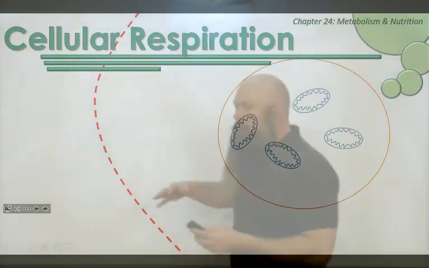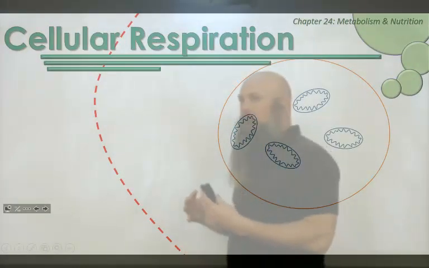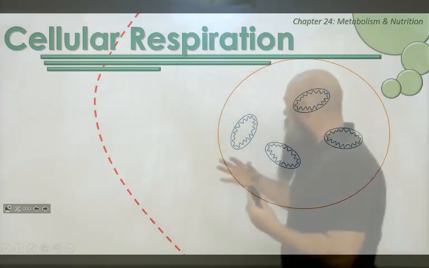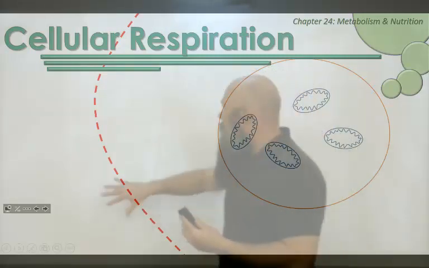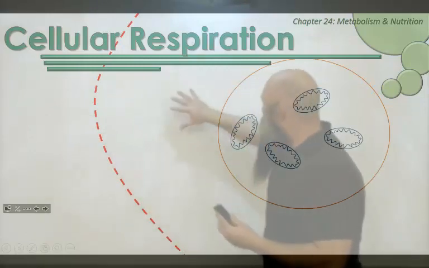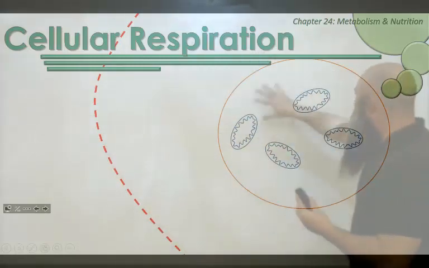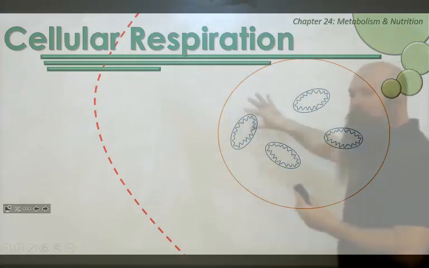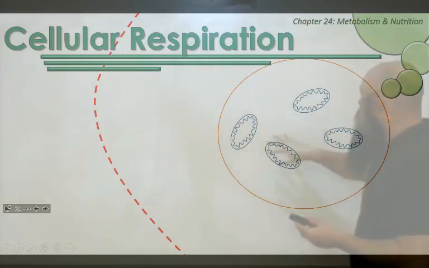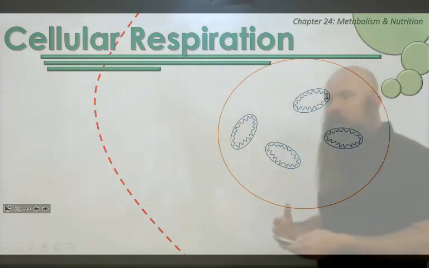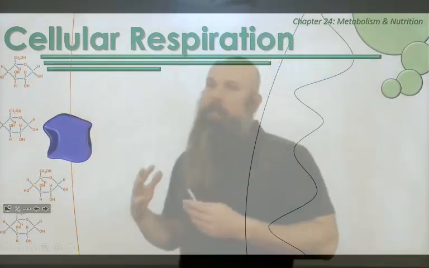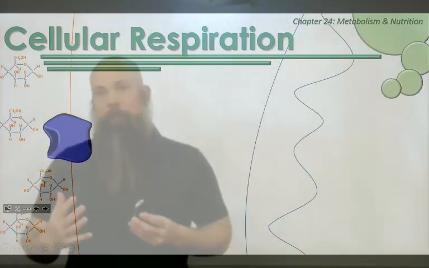We zoomed in a little bit just to have a better feel for what's going on at the cellular level. Now keep in mind, blood is out here, interstitial fluid. We have what we're going to call a muscle fiber or a muscle cell, and in there we put some mitochondria just so we can keep things in place in our heads as we talk about the steps of cellular respiration.